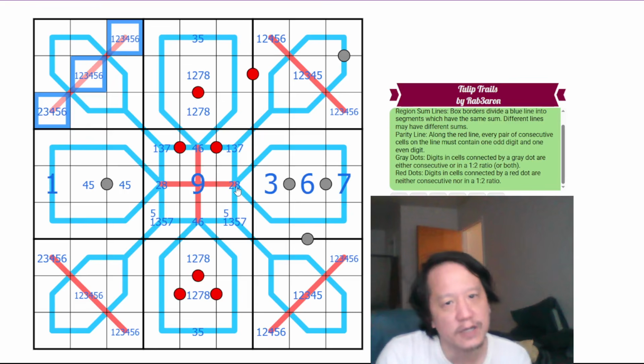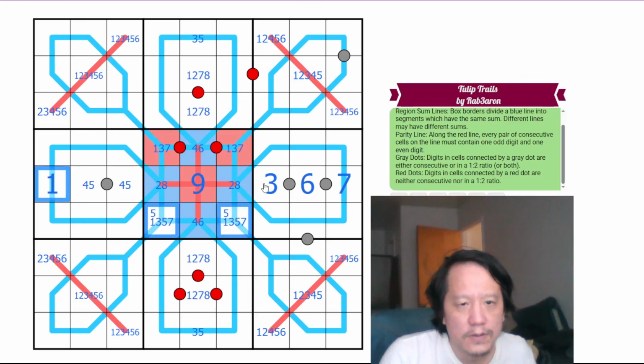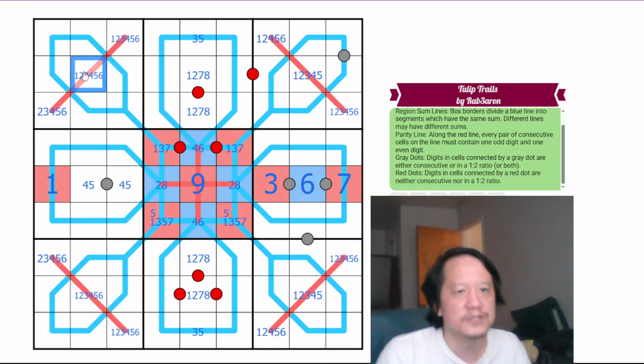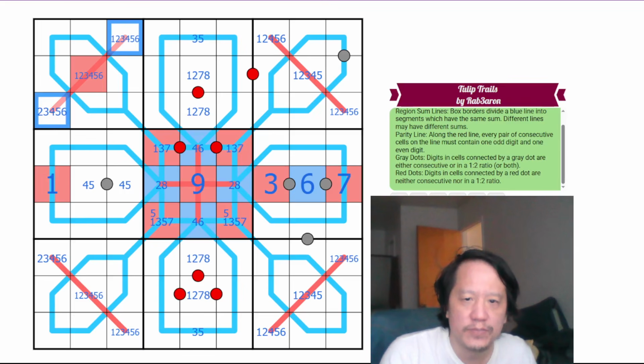Because this is odd, these are even, these are odd. So because of that, this is even. We know that the center digit must be odd, and the outside digits must be even because of the way that the parity lines work.